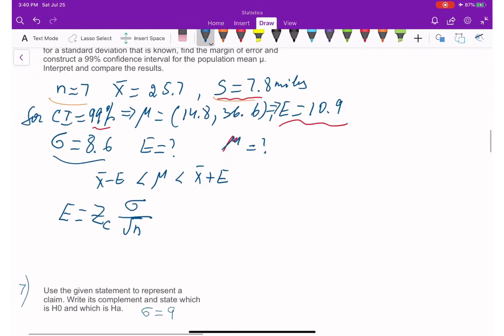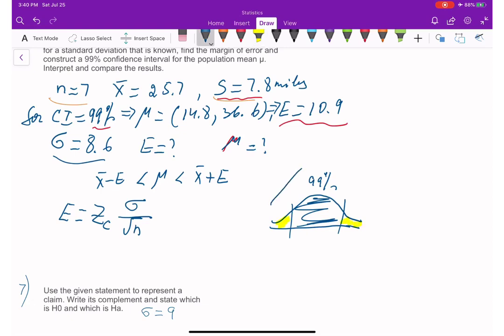To find z critical, we have confidence level 99%, right? If this is 99%, that means for these two tails, areas, we're going to be left with 1% together, or 0.5% each, right? So 0.5% is 0.005.